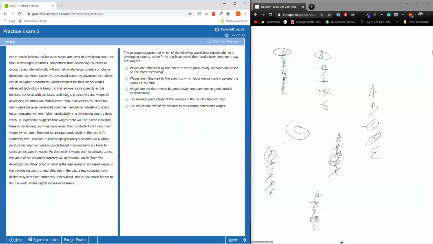The passage suggests that which of the following would best explain why, in a developing country, some firms that have raised their productivity continue to pay low wages. The education level of workers in the country determines wages. The average productivity of the workers has not risen.